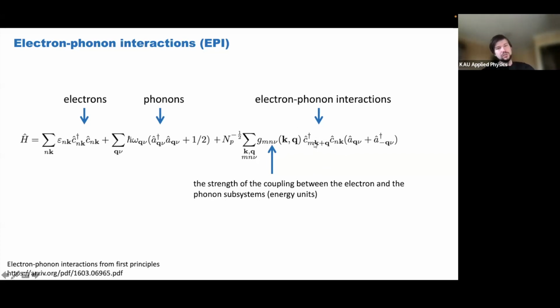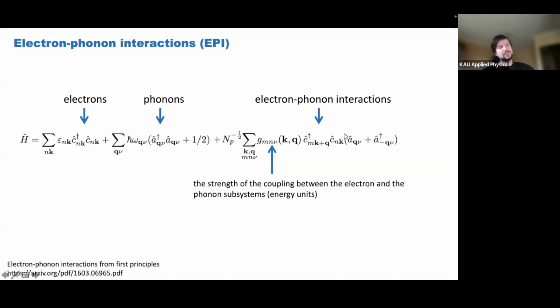So you see these creation and annihilation operators. They are for electrons, C, and A for phonons. They are both here, and we also see this Q vector, the propagation vector, which we used in phonons. Here it's by default in phonons.